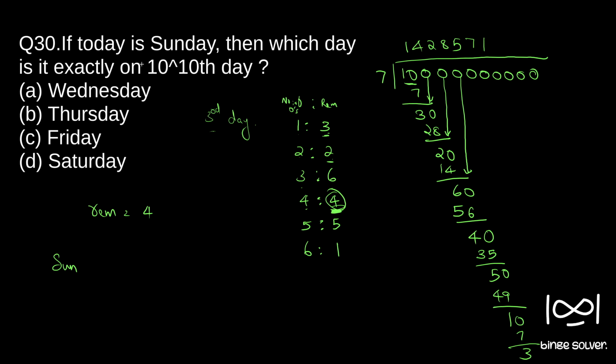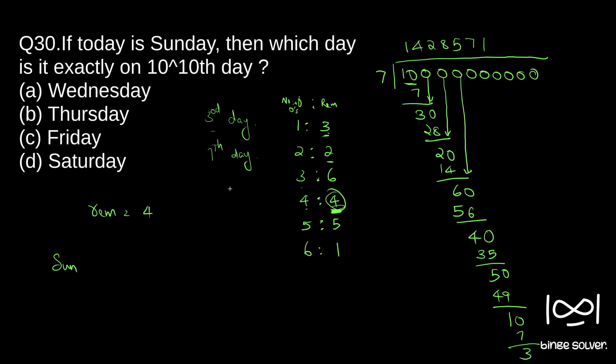The 3rd day means the first day is Monday, the second day is Tuesday, the 3rd day is Wednesday. So we'll add 3 to it. If it was the 7th day, what would happen? The 7th day means the first day is Monday, Tuesday, Wednesday, Thursday, Friday, Saturday, Sunday. The 7th day from Sunday means Sunday itself.